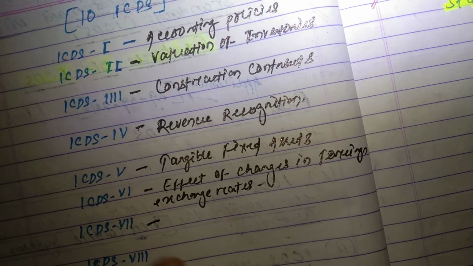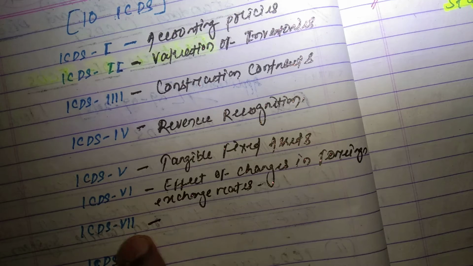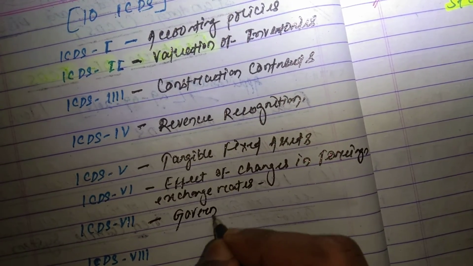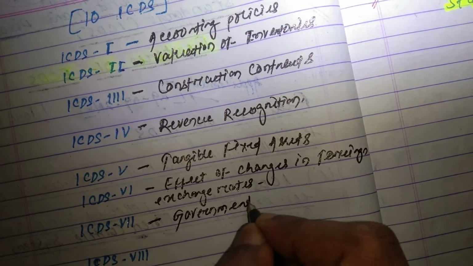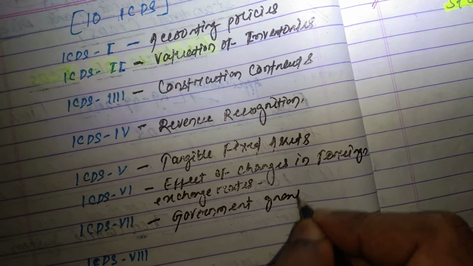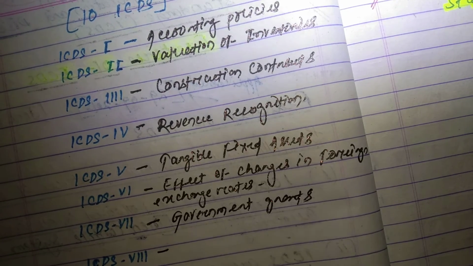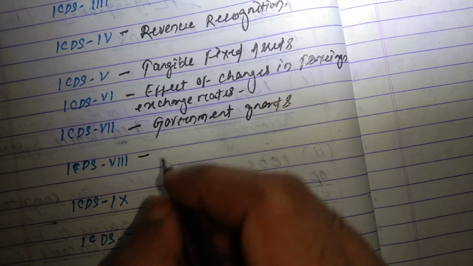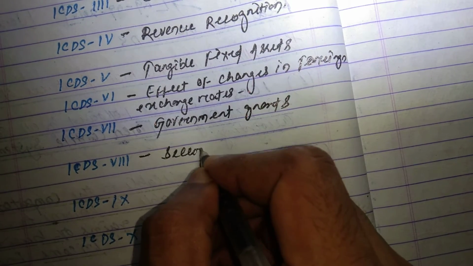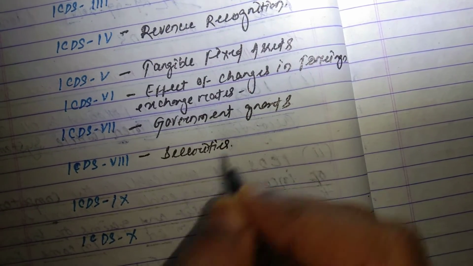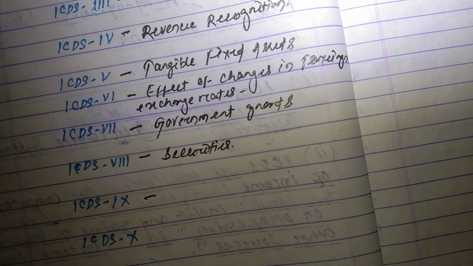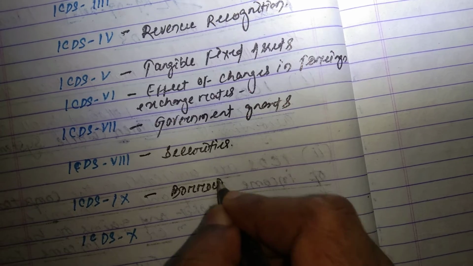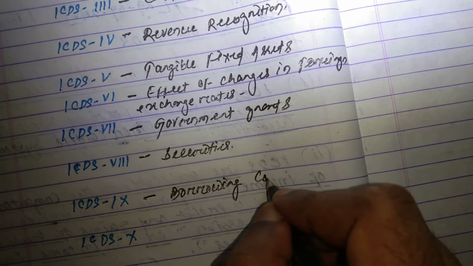Then ICDS VII belongs to government grants. Then ICDS VIII belongs to securities. Then ICDS IX belongs to borrowing cost.